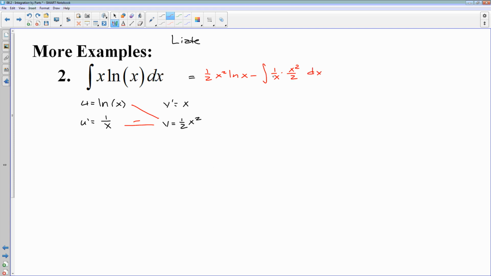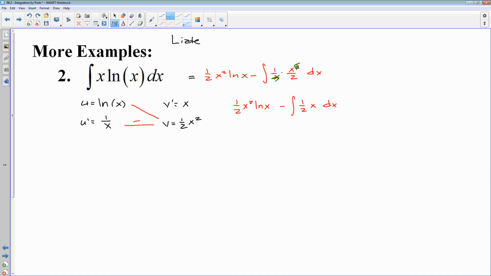And I still have a product. That's not very nice looking as it is right now, but 1 over x times x squared over 2 does clean up. This x will cancel with one of these, leaving me with the antiderivative of 1/2 x dx. The 1/2 x squared ln x, I'm just going to bring down for the ride.